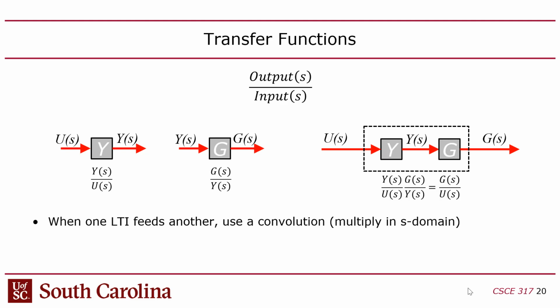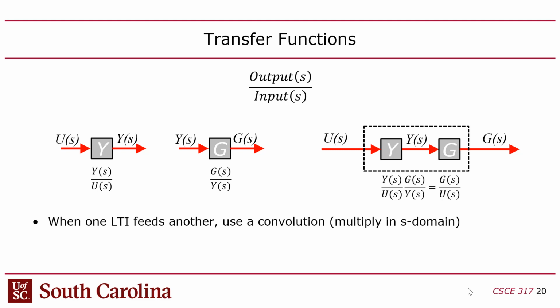Okay, all right, so I mentioned this before. Transfer functions are in this form where they're basically a ratio of the output over the input in the S domain. And the nice thing is that you can compose these things, if you want to feed one system into another.